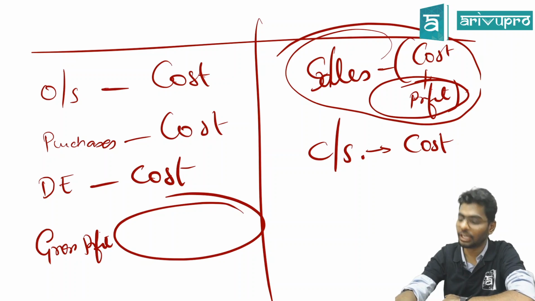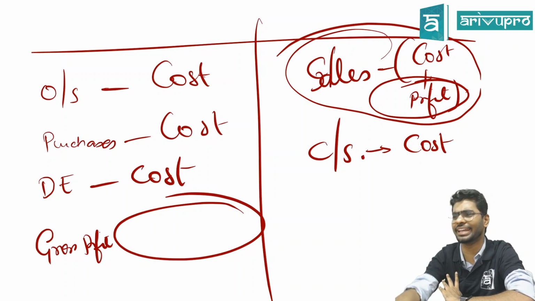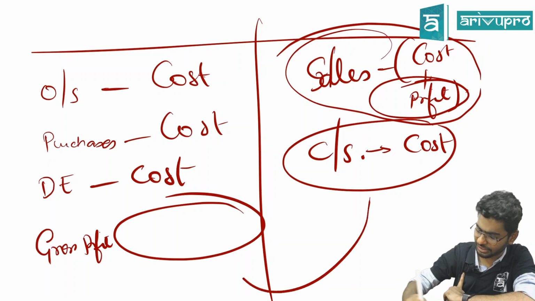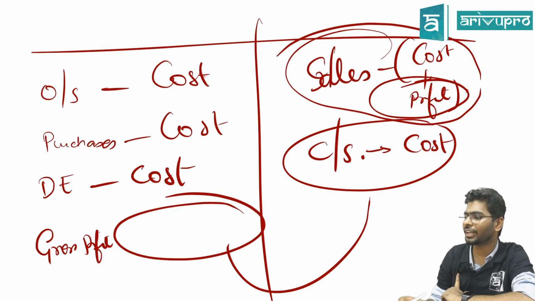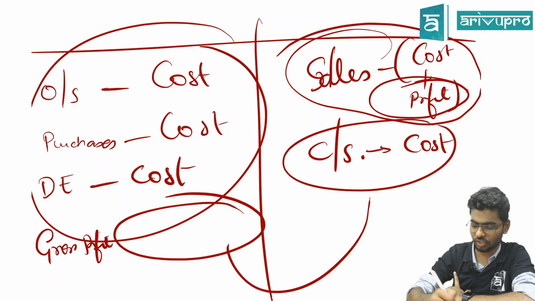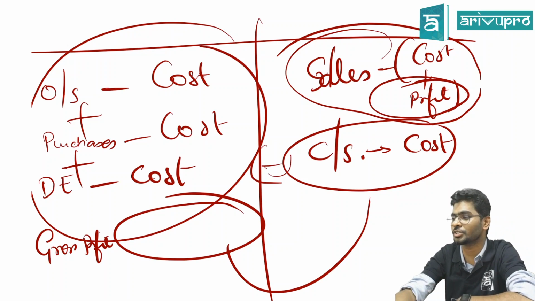Now, what is COGS? Anytime in your exam, do not forget COGS. Basically I have to bring this here. What did I say? If you bring credit to the debit, is it a plus or a minus? Minus. Opening stock plus purchases plus direct expenses minus closing stock gives COGS.